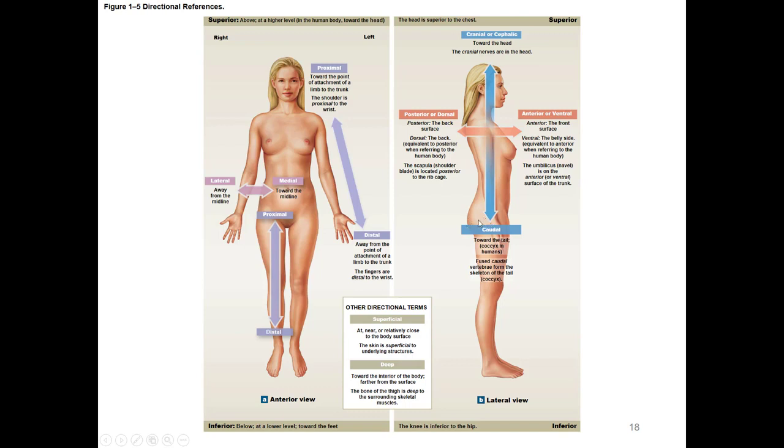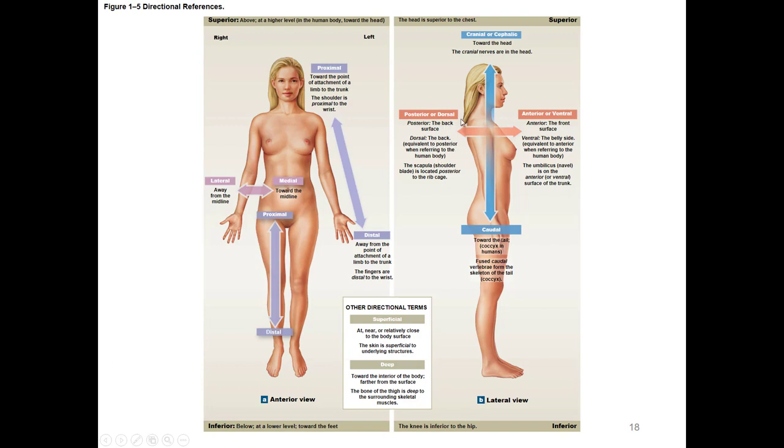Now we don't have a tail, but we do have a tailbone, so caudal, toward the tail. Anterior or ventral, either one of those means the front surface. The front surface, anterior or ventral. Opposite of that would be posterior or dorsal, the back surface.